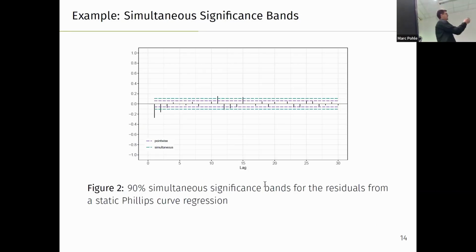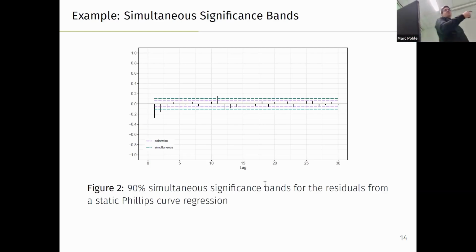And here they are for this example from the beginning. You see they are a bit wider, but you can simply decide on the 10% level about the null of temporal independence. I see at least one empirical autocorrelation falls out of the band, so I can reject the null of temporal independence.